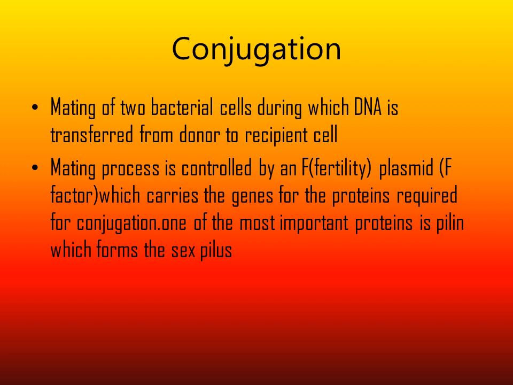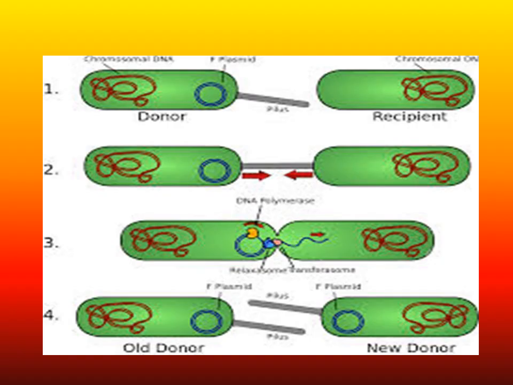So the pili would be developed in that F positive bacterium, and it will be connected to the F negative bacterium. This is a diagram that shows the sequence of the conjugation.